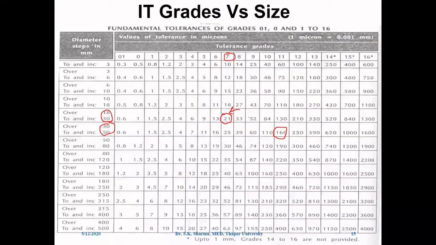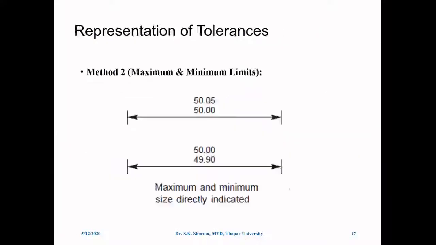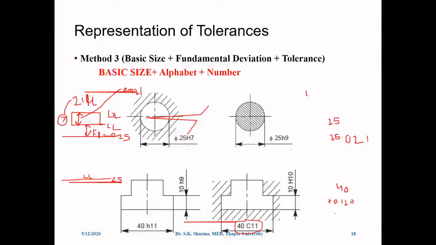For 40 basic size and 11 IT grade, the tolerance is 160, which means 0.160, right? Now from these three values you have to calculate the basic size, the lower limit and the upper limit.